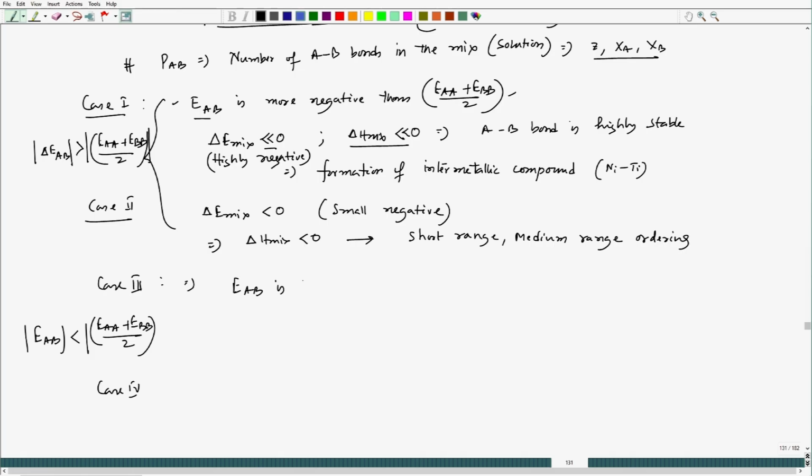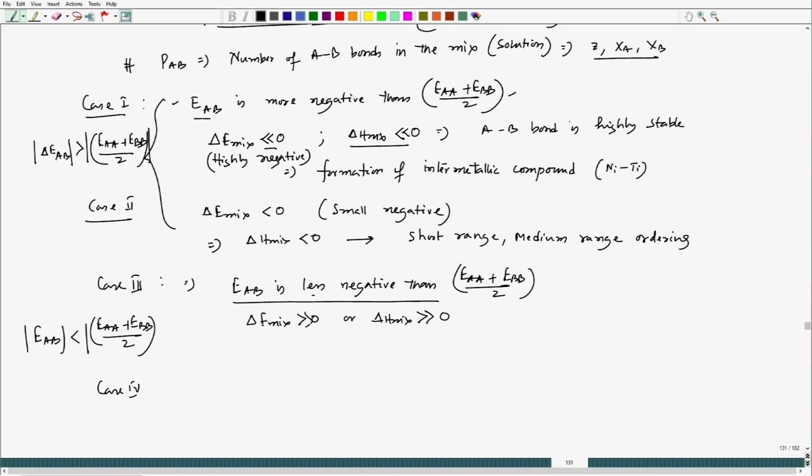So, it means that in this case EAB is less negative than EAA plus EBB by 2. Less negative, then del E mix is greater than 0 or del H mix is greater than 0. Now, this difference could be so high that we can say highly positive.